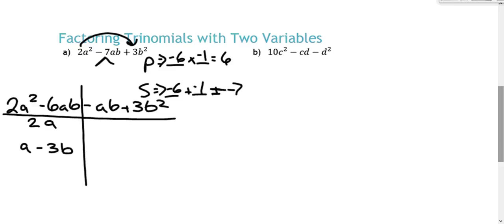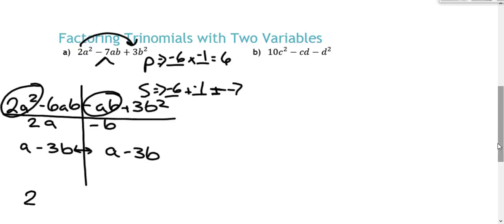So remember, we need to make sure that these are the same. Looks like just a negative b, because we also want these two to be positive. So when we factor out a negative b, we get a minus 3b. Perfect. So then we're looking at (2a minus b)(a minus 3b).